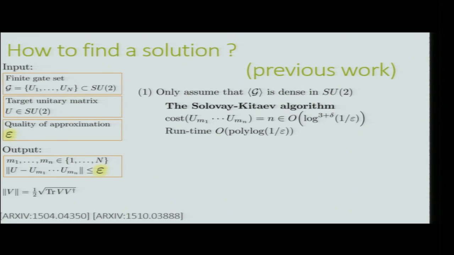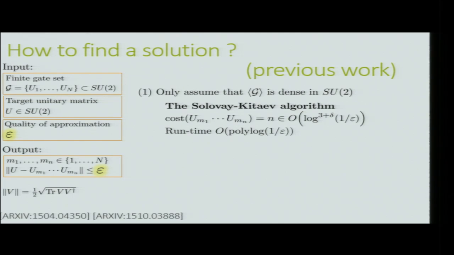So one slightly different take on this question is, if it just assumes that G is dense in SU(2), there is an algorithm that allows us to find sequences that will scale like log^(3+delta)(1/epsilon). And the good news also is that it runs in polylogarithmic time in 1/epsilon.